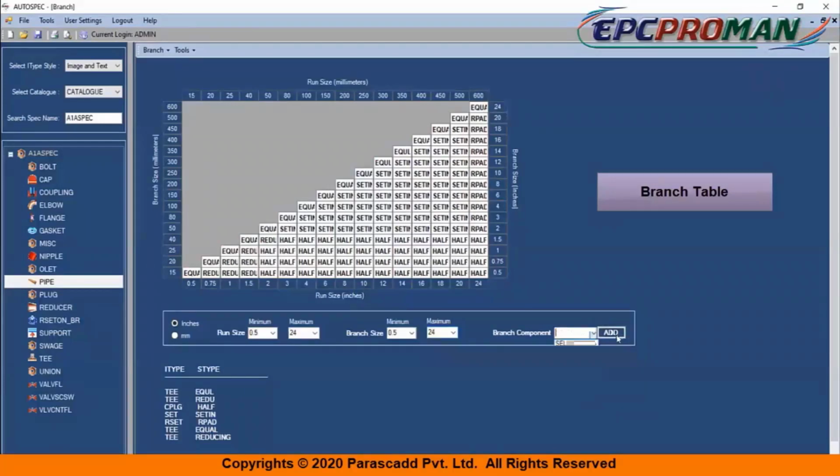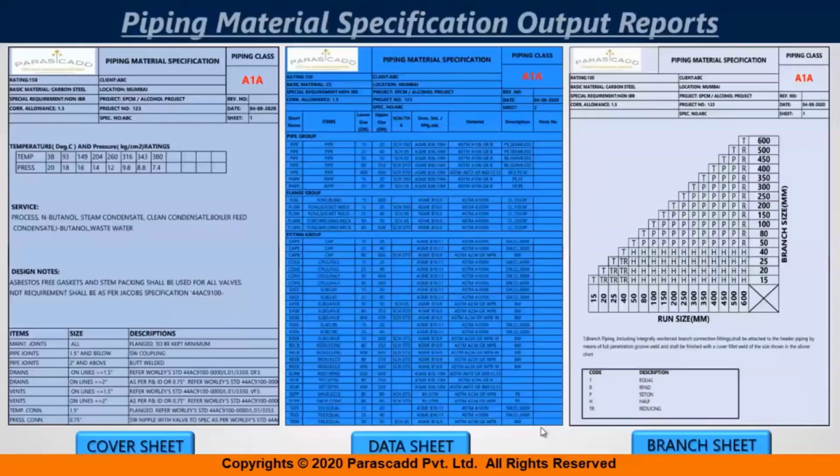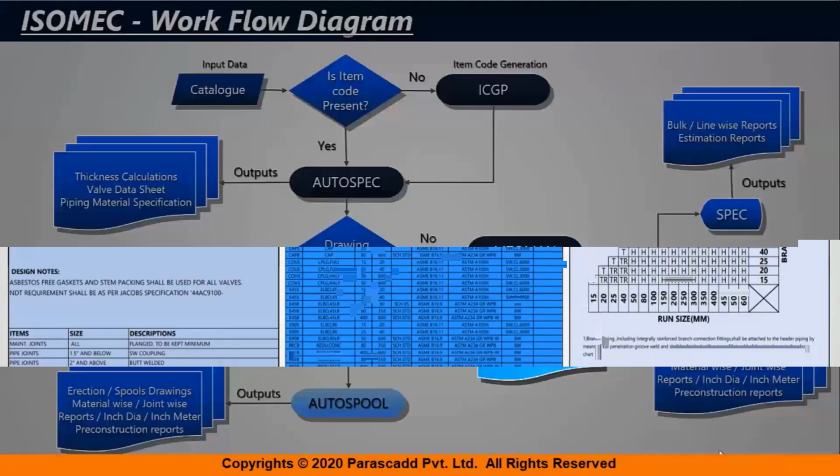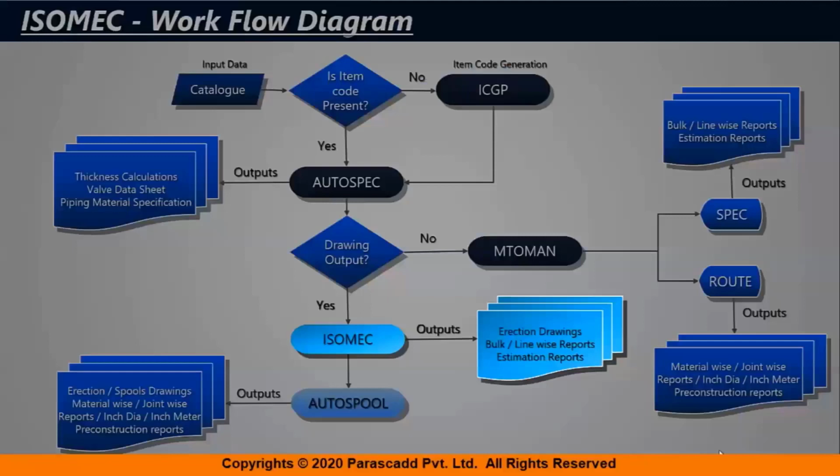So once the branch table is created, your spec is created, we have the output of it in this cover sheet, data sheet, and branch sheet. So spec creation, branch table creation is quite effective, quite easy, and quite useful from our auto spec feature.